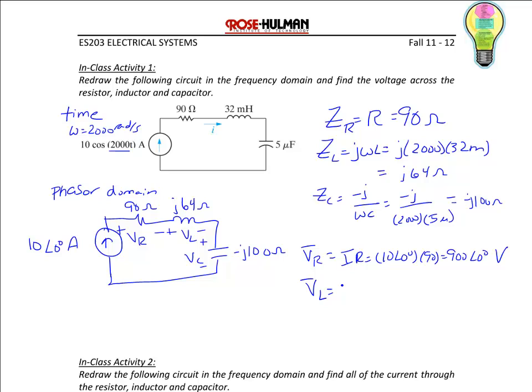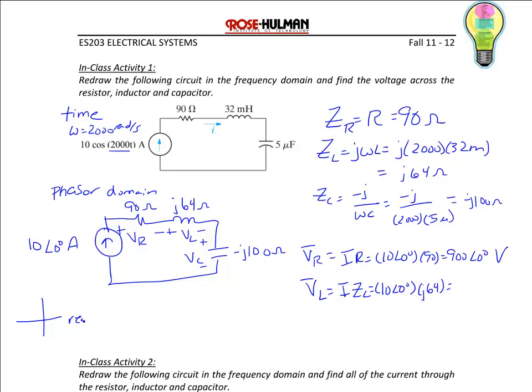The voltage across the inductor would be I times ZL, which is 10 with an angle of 0 degrees times j64. Remember, j64 is the same as 64 with an angle of 90 degrees. This is something that sometimes confuses students.